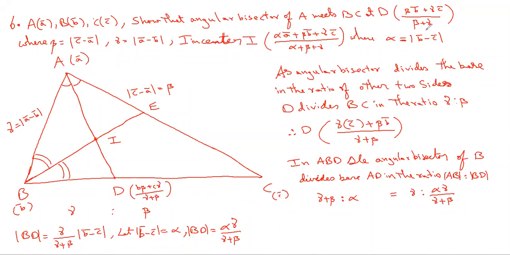Now let us write the A bar, D bar, and the ratio in the next space. So A bar, and D is what? The B bar beta plus C bar gamma by beta plus gamma. This is D, AD. This AD is divided by I in the ratio.